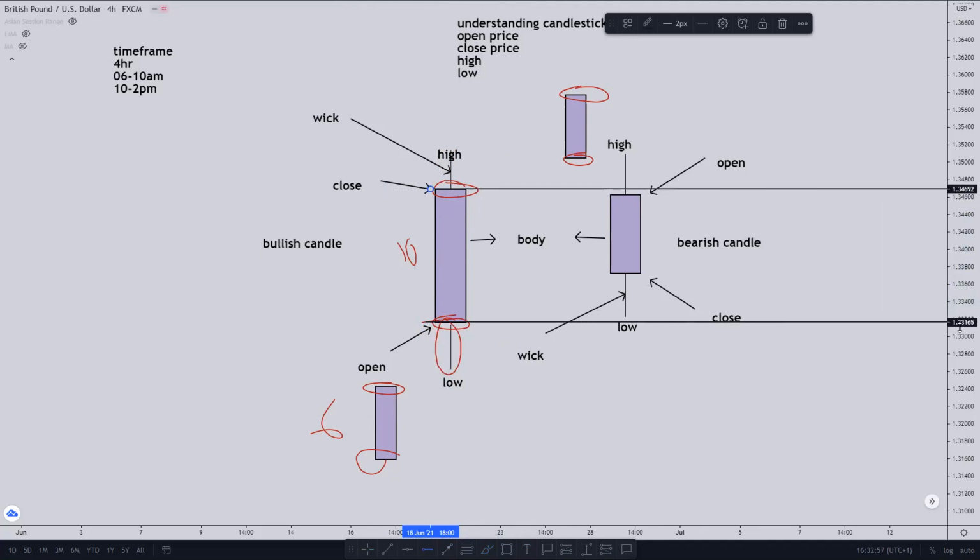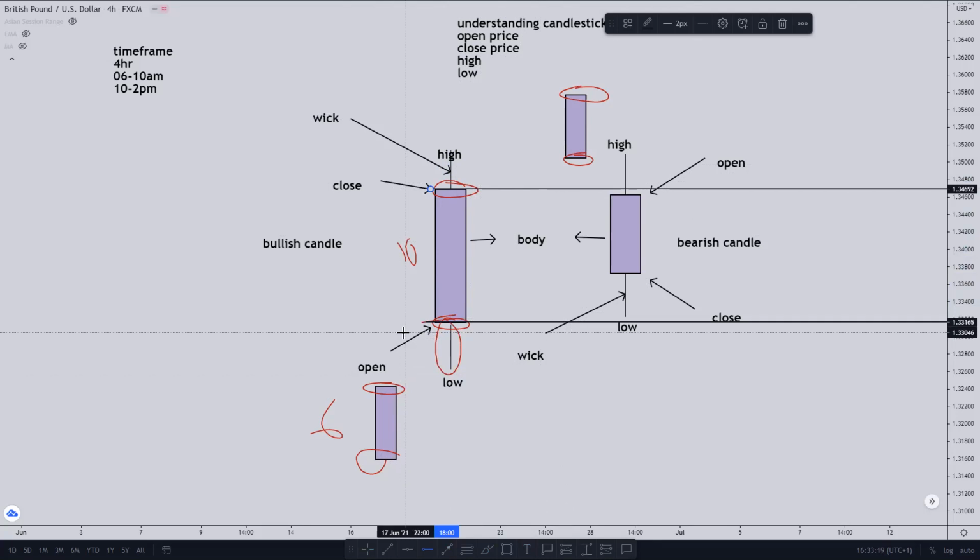Price opened at 1.33165 and then closed at that area. So now when you give me this information, I know that where the price closed, price is fluctuating around this area. You understand?